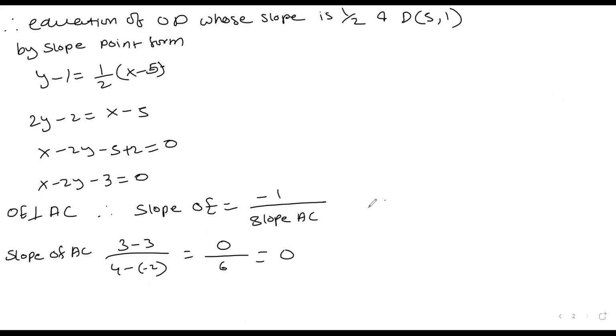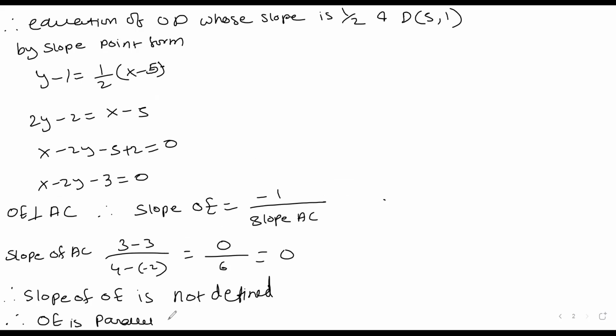So therefore slope of OE is not defined because it will be minus 1 upon 0. Now, whenever the slope is not defined, it means it is parallel to y-axis. Therefore, OE is parallel to y-axis.